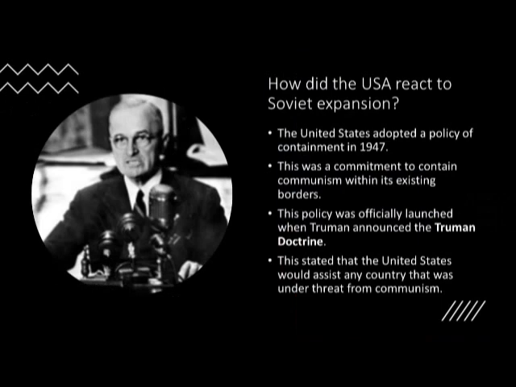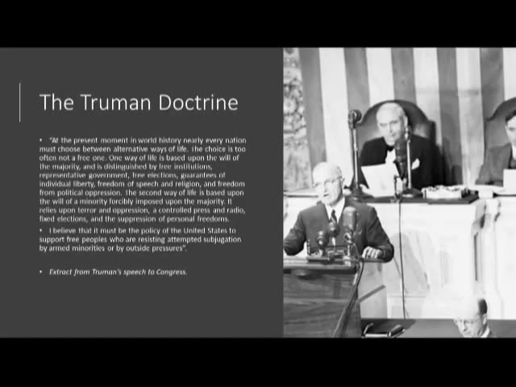So, how did the United States respond to all of this? Well, of course, they responded by announcing the Truman Doctrine. We've already seen that Truman's perceptions of the Soviet Union were being increasingly influenced by people like George Kennan and Winston Churchill. And he made a very famous speech to Congress in March 1947, effectively committing the United States to a policy of containing communism, containing the spread of communism.